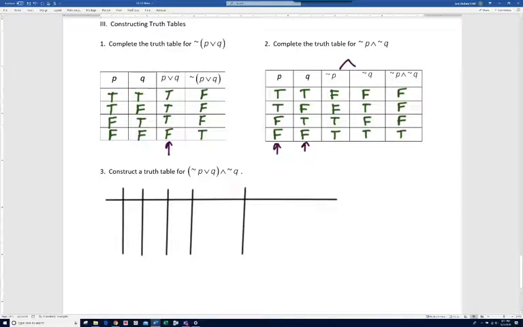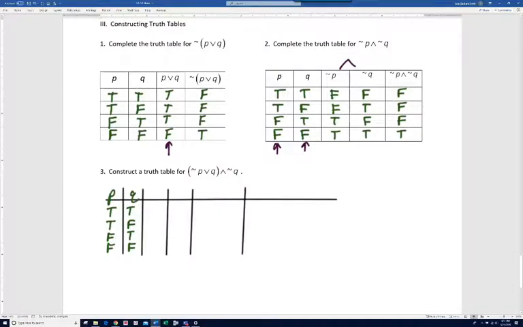First of all, we have two different letters which represent statements P and Q, so we'll start with those. And again, as always, we're going to put in our truth values for P and Q. We have our 4 cases: true, true, true, false, false, true, false, false.